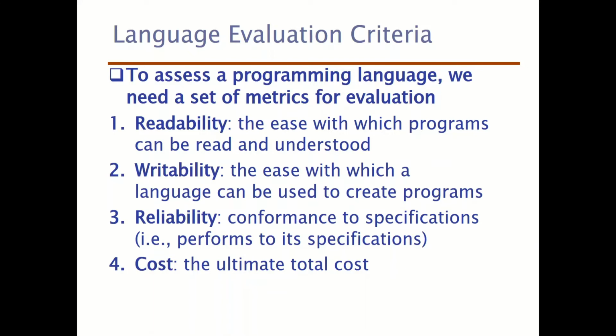And we also have measures for reliability. The final criterion is cost, and cost is actually the total cost here. It doesn't necessarily mean money or cash. It may be in time, it may be in effort, it may be in the resources it occupies, and we will see how we speak about cost when it comes to programming languages.